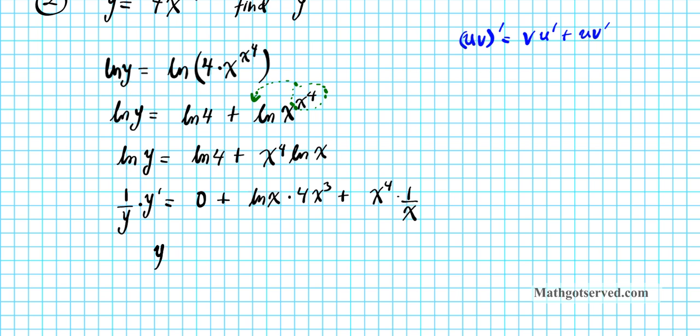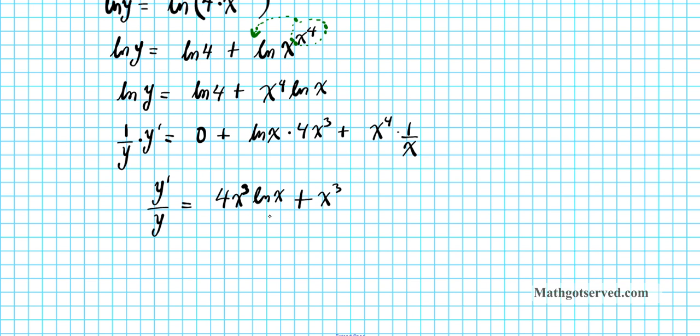Okay, let's simplify this a little bit. We have y prime over y equals 4x to the 3rd ln x plus, and x to the 4th over x is simply x to the 3rd. Now, if you take a look at the right side here, you notice that x to the 3rd is common to both terms, so I could factor that out. Also, on the left side, I need y prime isolated, so I'm going to multiply both sides by y and factor out x to the 3rd at the same time.